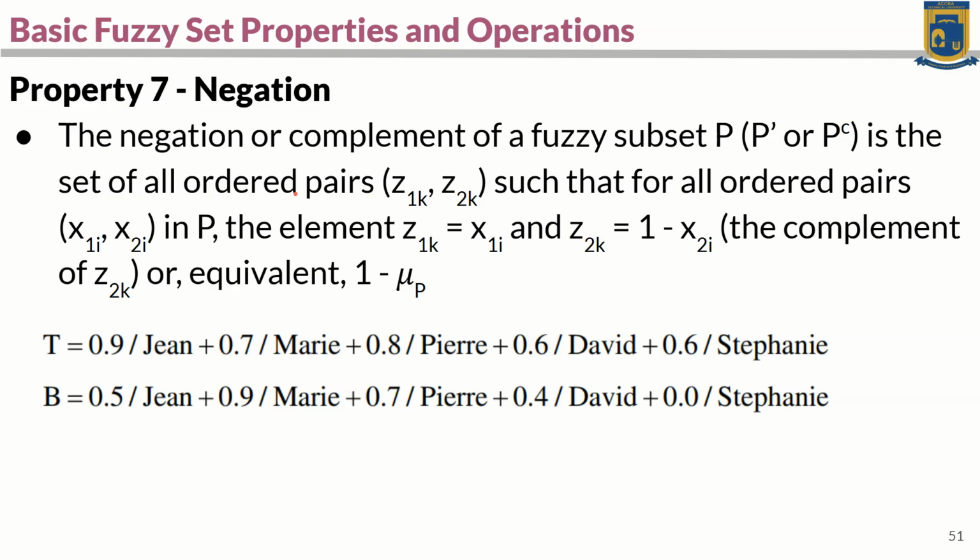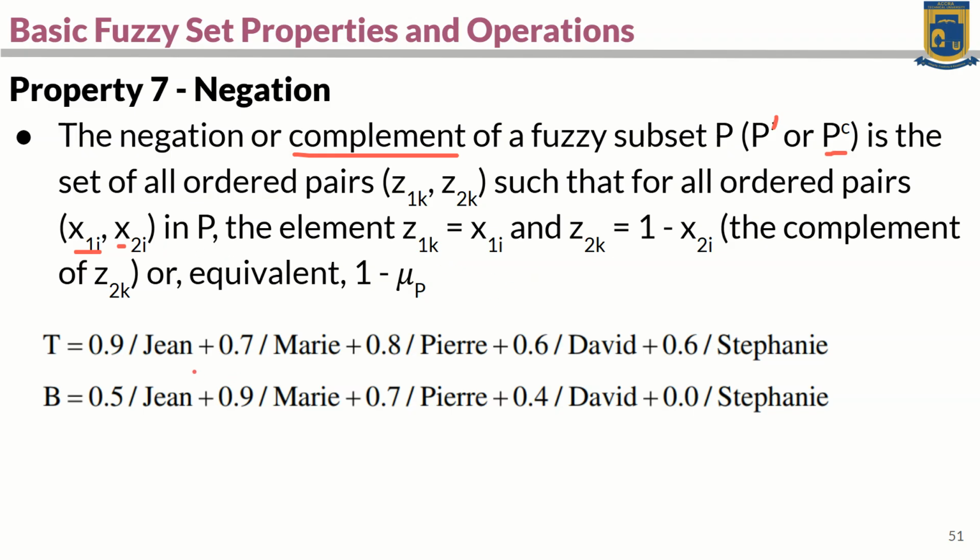So negation or complement of a fuzzy subset P, which you use this, or you can also see this formula as well, is the set of all ordered pairs such that for all ordered pairs in P, the elements which we are talking about, the entities, the degree of membership is 1 minus the degree of membership over here. Let me take it again.